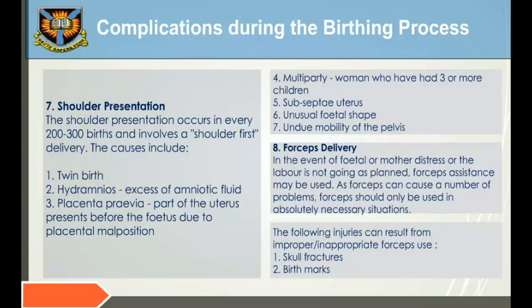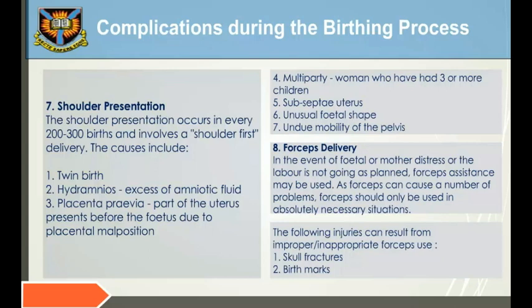7. Shoulder presentation. The shoulder presentation occurs in every 200 to 300 births and involves a shoulder-first delivery. The causes include 1. Twin birth. 2. Polyhydramnios, excess of amniotic fluid. 3. Placenta previa.